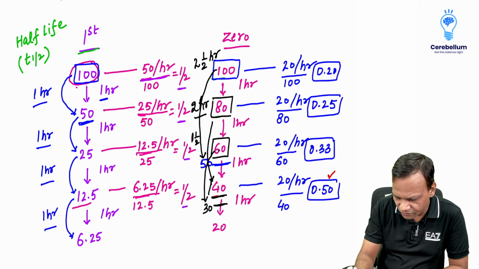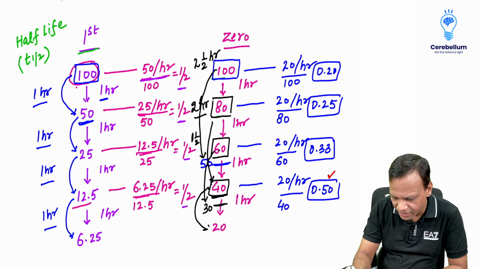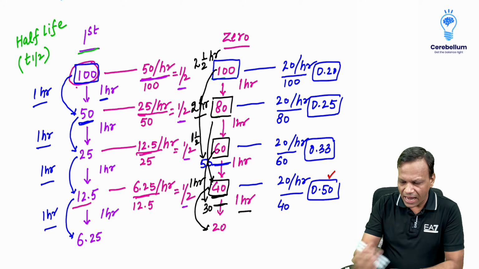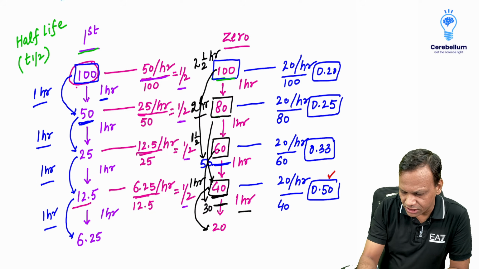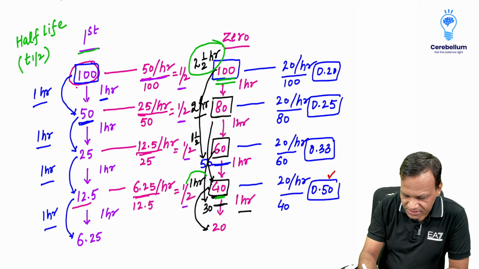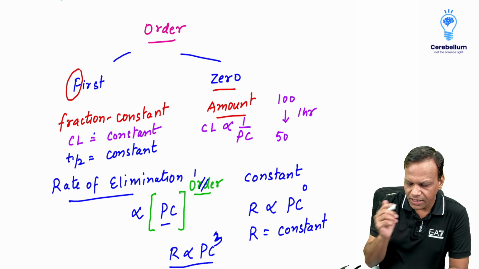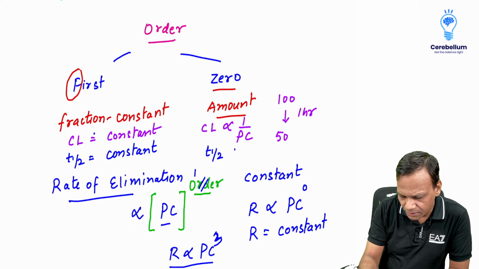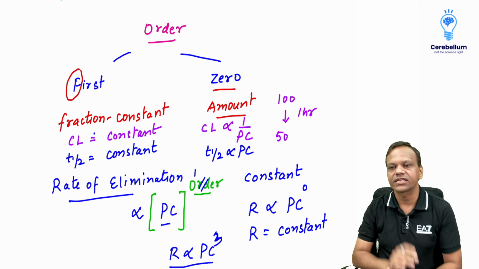Similarly, the time taken from 40 to 20 will be half-life, and it takes only 1 hour. So what we noted: at high plasma concentration, the half-life is more. At low plasma concentration, half-life is less. So we can safely say in zero order kinetics, half-life is directly proportional to plasma concentration.